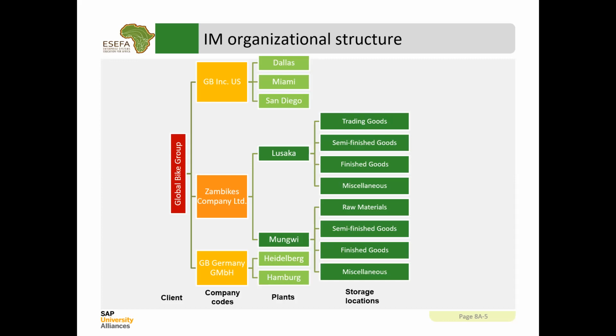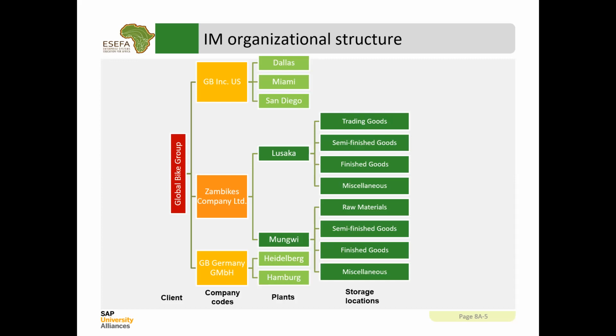So the type of inventory available in that plant affects its operations. Mungwi deals more with external vendors of raw materials, while Lusaka deals more with the Mungwi plant in terms of the finished and semi-finished product, and with the customers. So Mungwi will deal with a vendor that is going to sell me the raw material. So what they are dealing with is raw material.